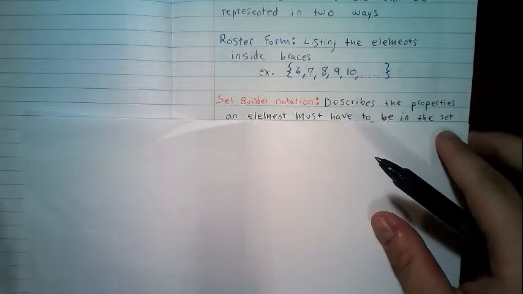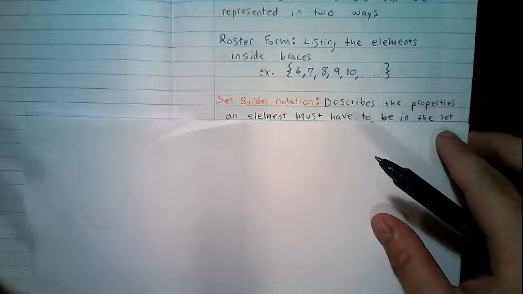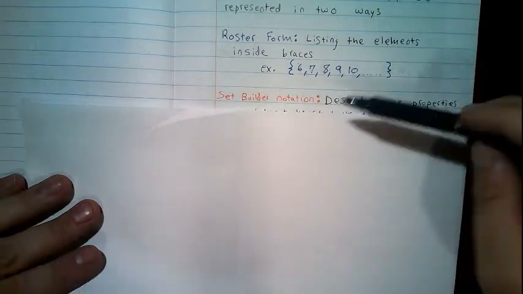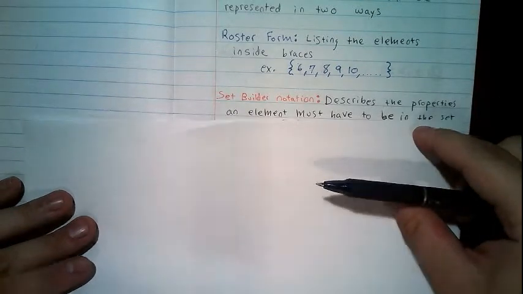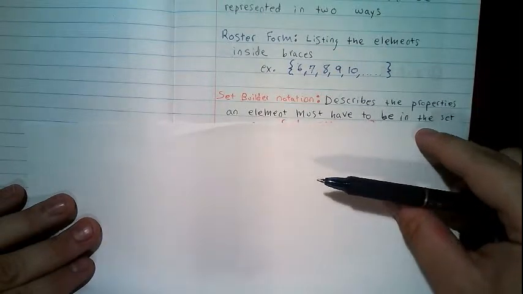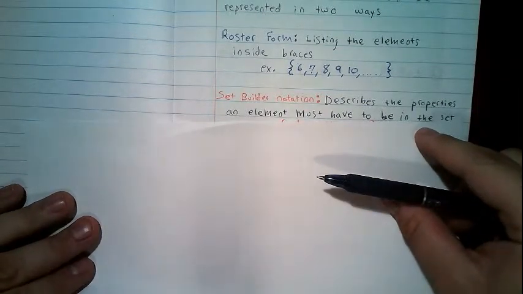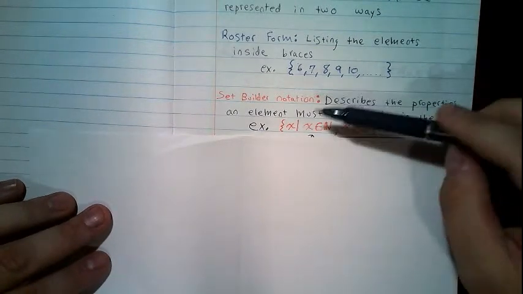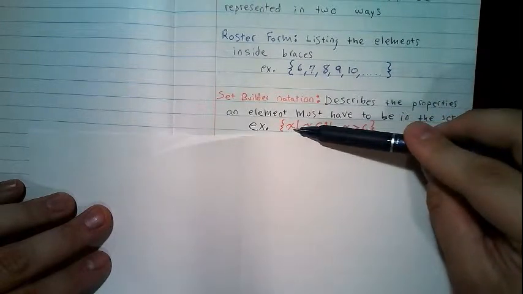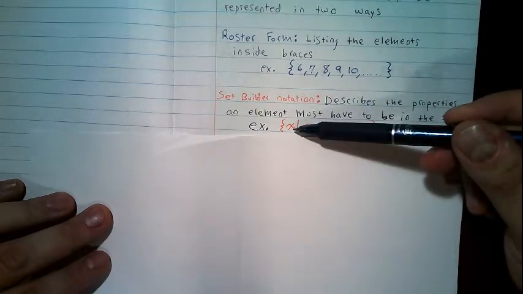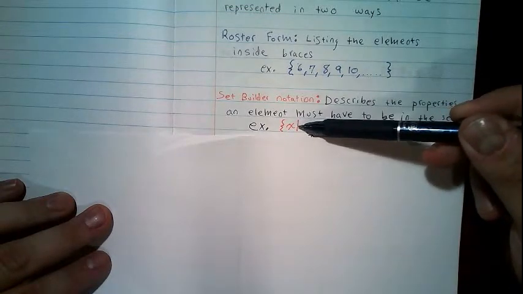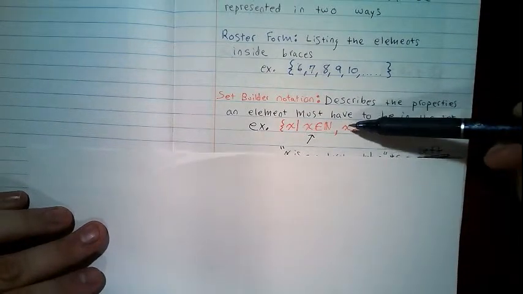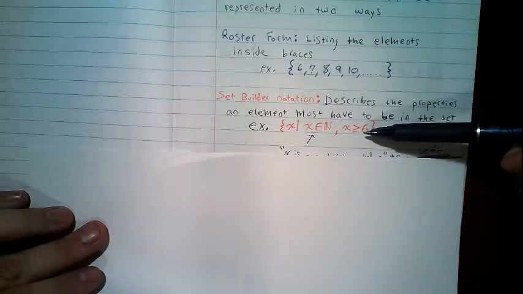The second way to represent a set is called set builder notation. This doesn't list out all of the elements. What this does is describe the properties that an element must have to be in the set. So for example, we would write it this way: curly brace and then an X. This represents numbers X such that X is an element of the natural numbers and X is greater than or equal to 6.